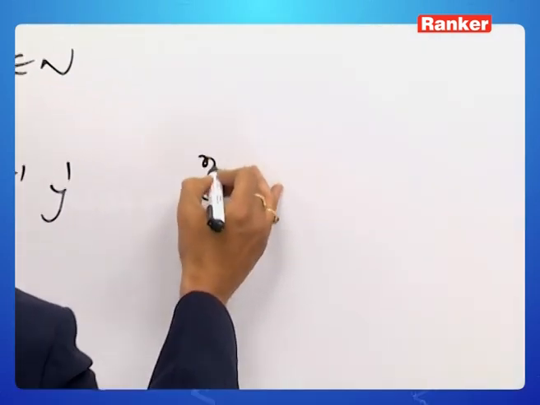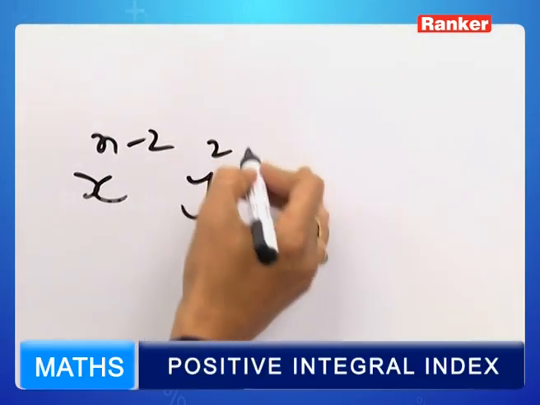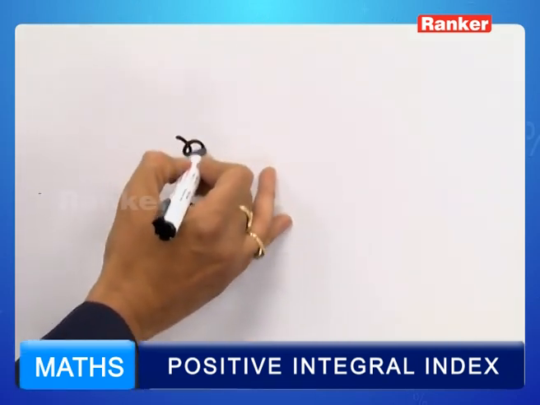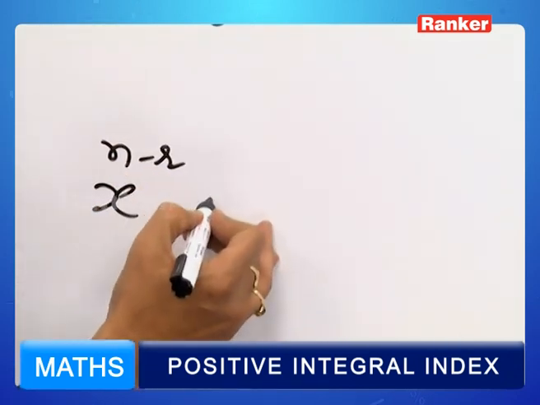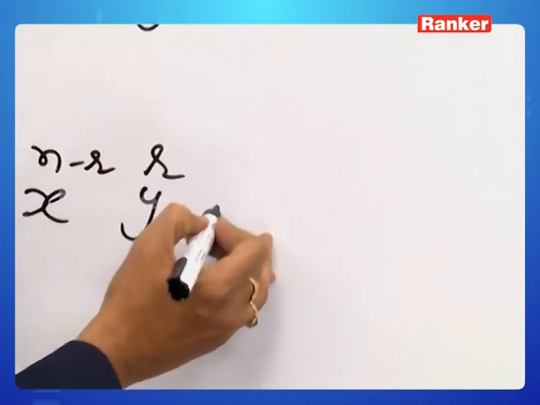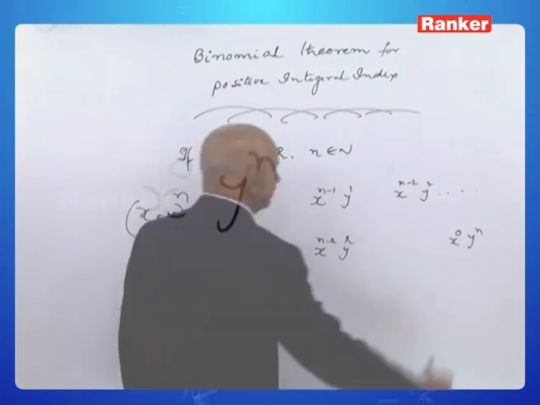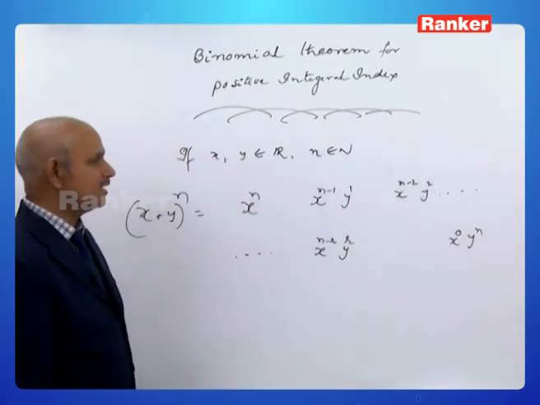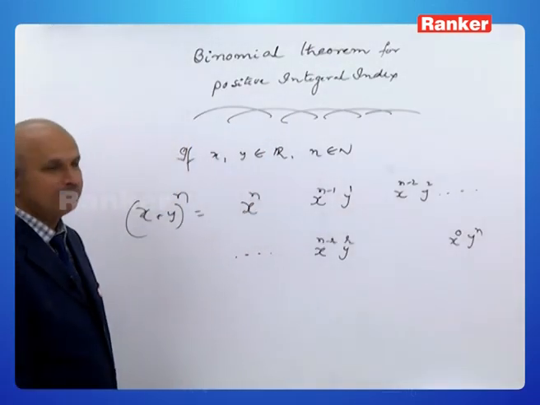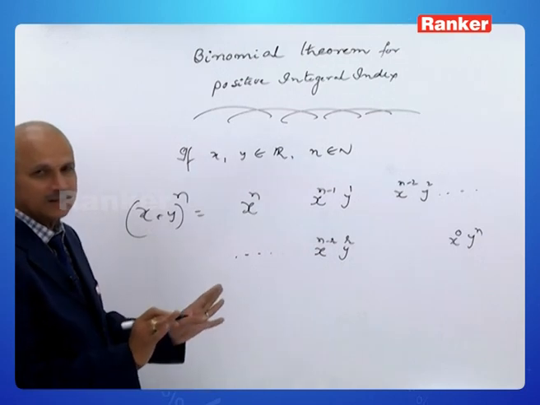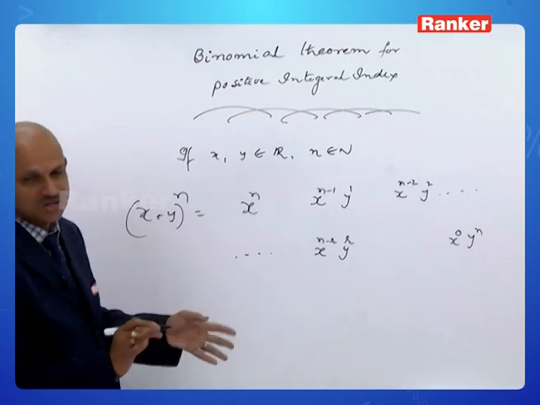Another one more is reduced, given to y. Exponent r is reduced and it is given to y, and so on. Finally, the full exponent is given to y. These are the required number of terms.